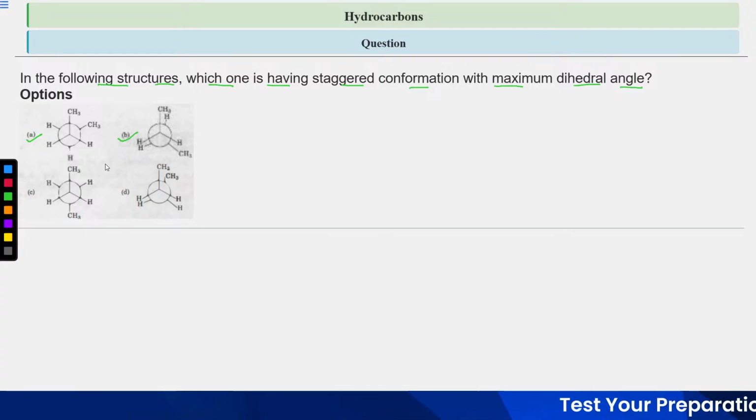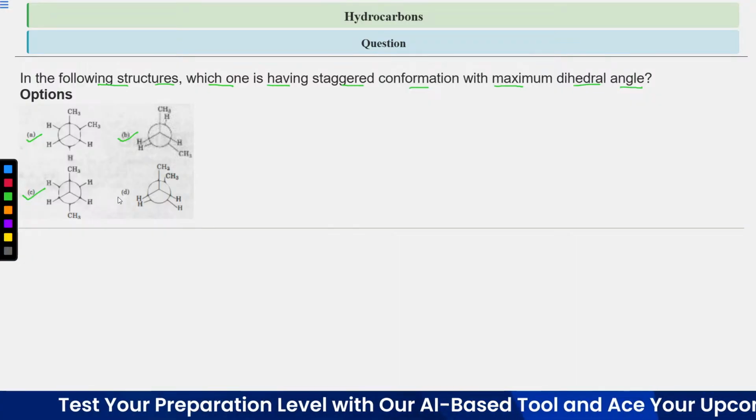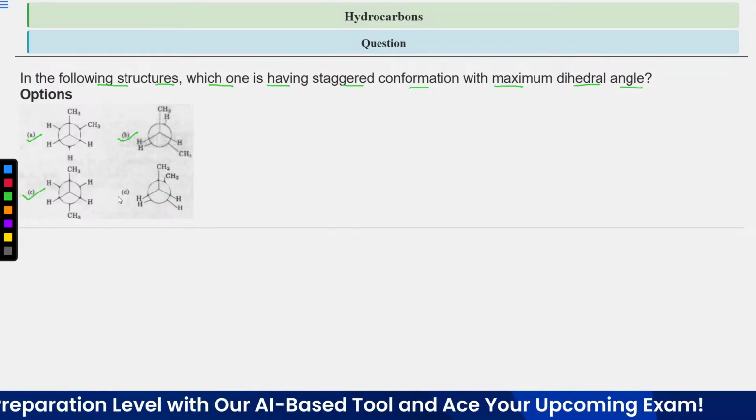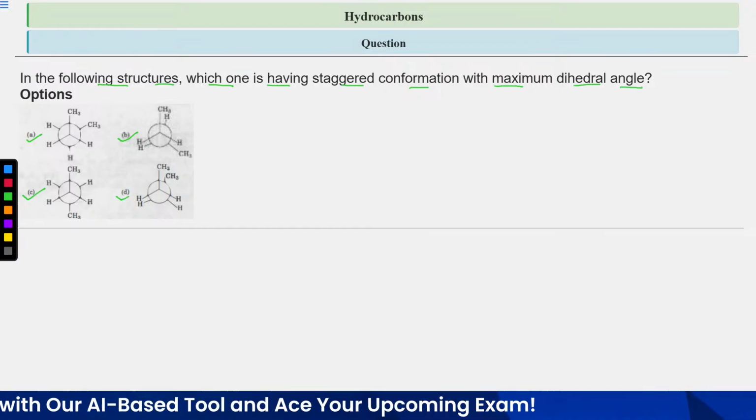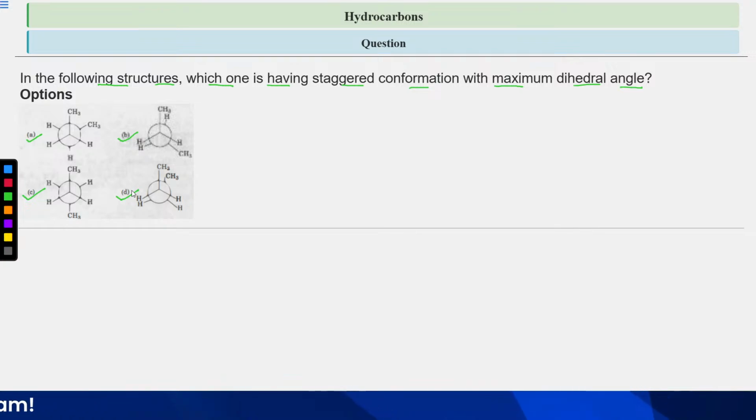In option C, we again have a Newman formula where the two methyl groups are attached, but the conformation is slightly changed. In option D also, we have a similar kind of Newman formula, but only the positions of the methyl groups are changed on the two carbons.